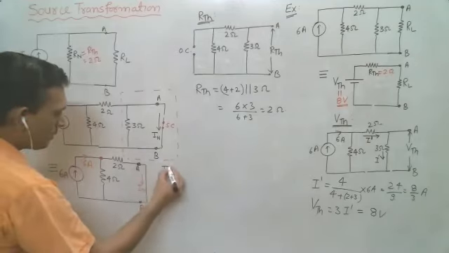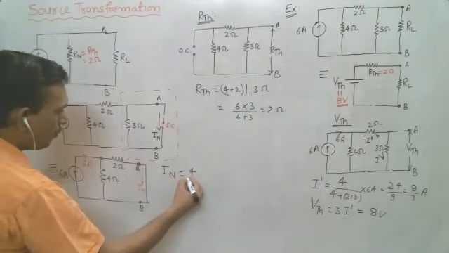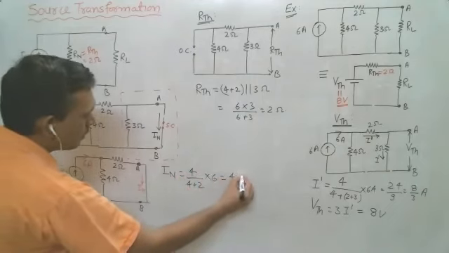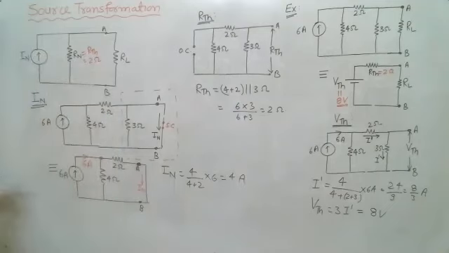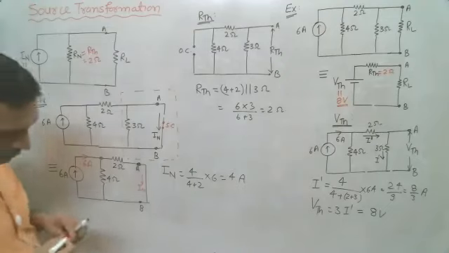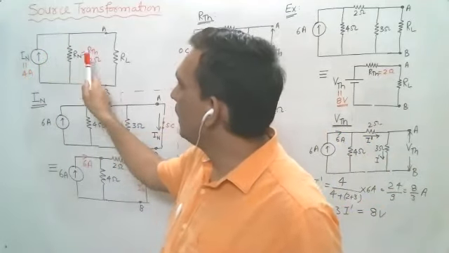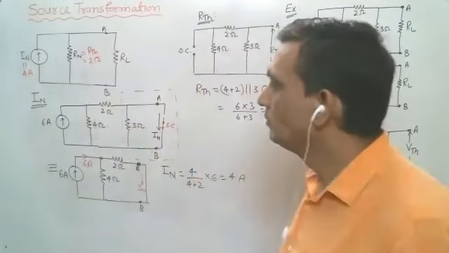So IN is 4 by 4 plus 2 into 6. So that is 4 ampere. IN is 4 ampere and RN is 2 ohms.